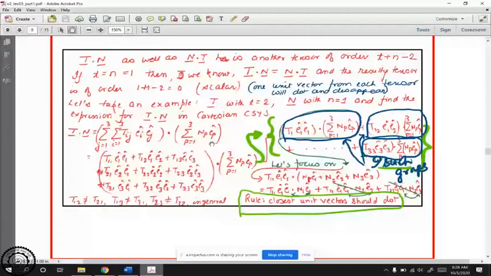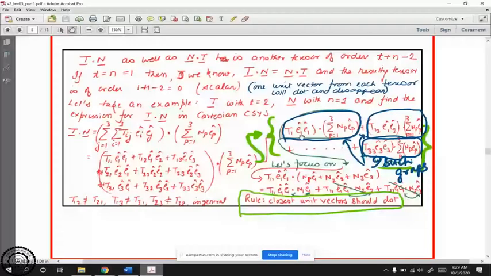So this thing has 9 terms dotted with n_p e_p. Now here I am blowing up the expression, and I'm showing T11 e1 e1. Now I'm trying to show all the 9 terms.